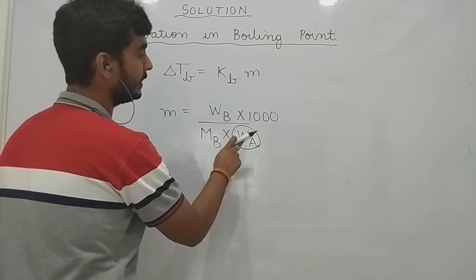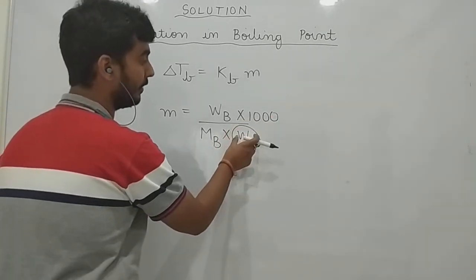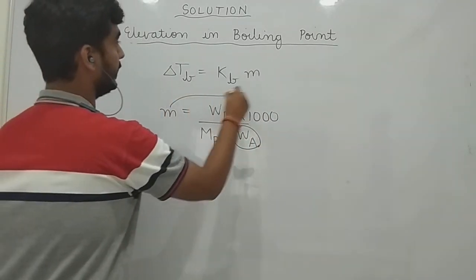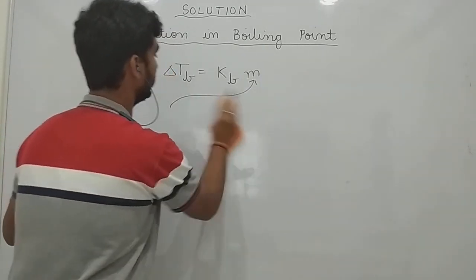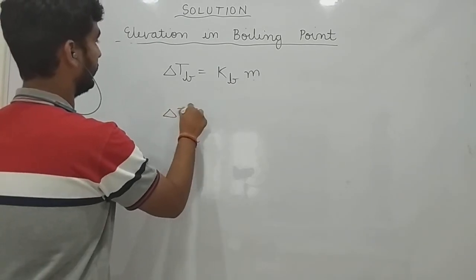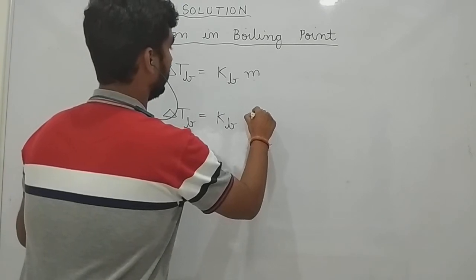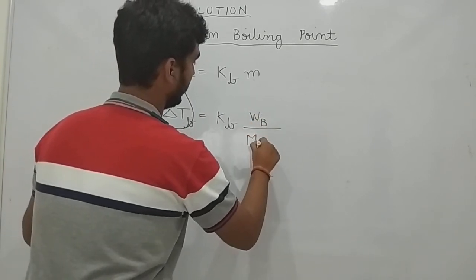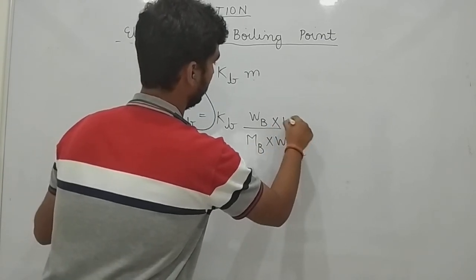If WA is given in kg, we will not divide this WA by 1000. So we can substitute this over here. On substituting, the expanded expression is WB divided by MB into WA into 1000.